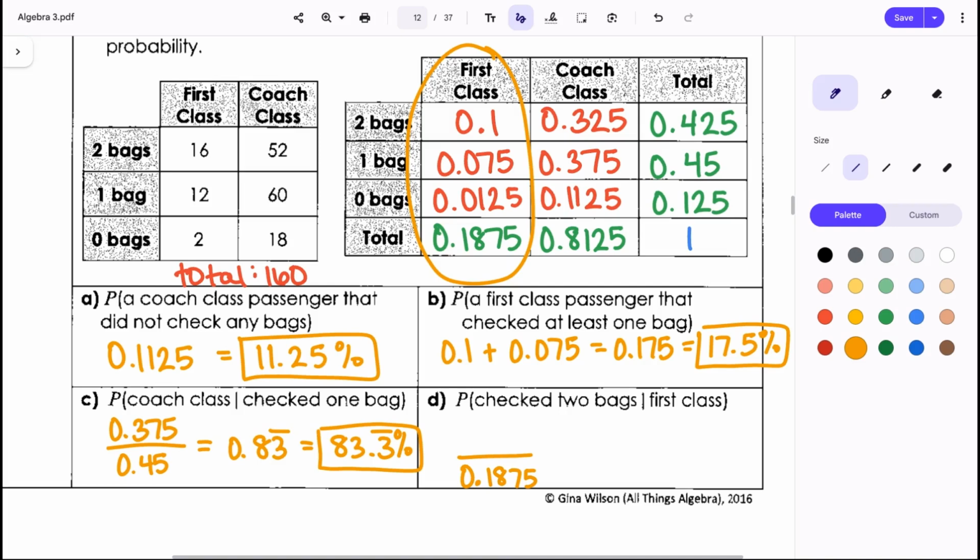Checked 2 bags. So in this column, how many checked 2 bags? 0.1. So if you guys take 0.1 divided by 0.1875, that should be 0.53 repeating, which would be 53.3 repeating percent.